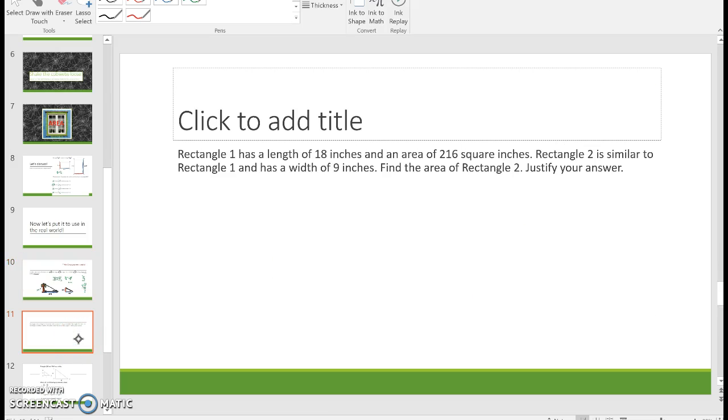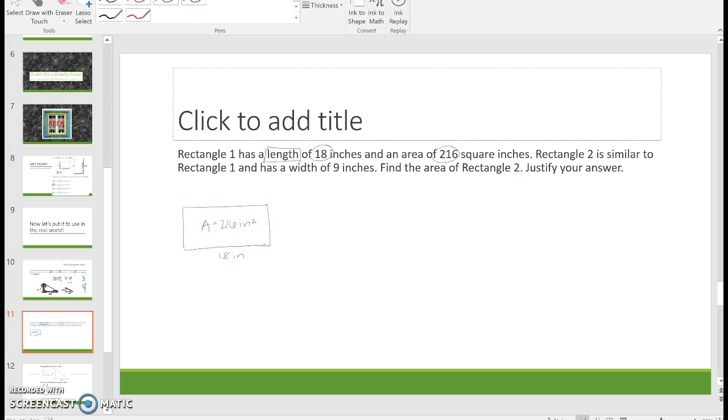All right, next example. It says rectangle 1 has a length of 18 inches and an area of 216 square inches. All right, guys, I'm going to go ahead and draw my rectangle 1. So it has a length of 18 inches and an area of 216 square inches.